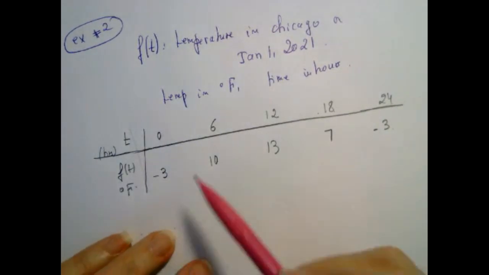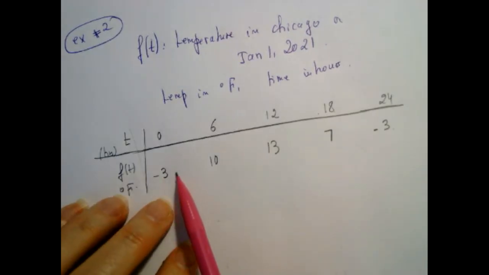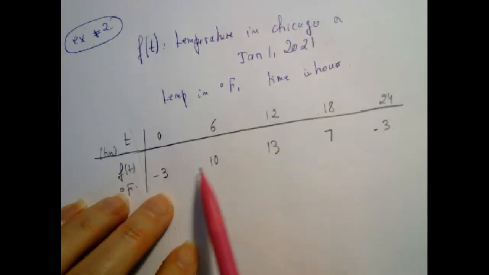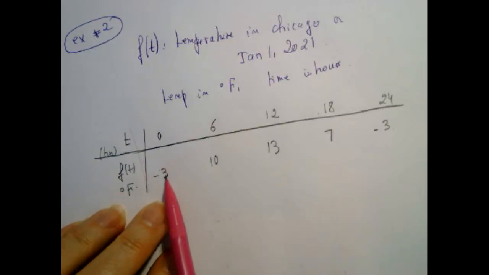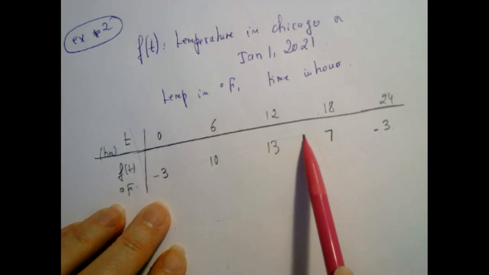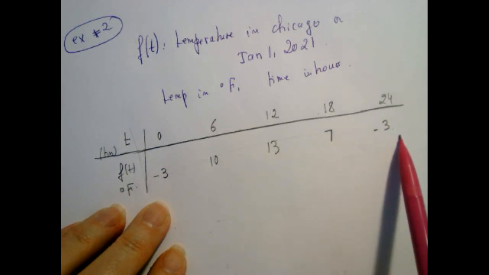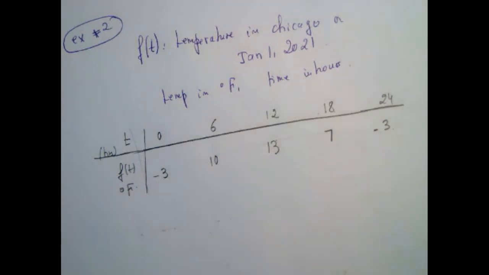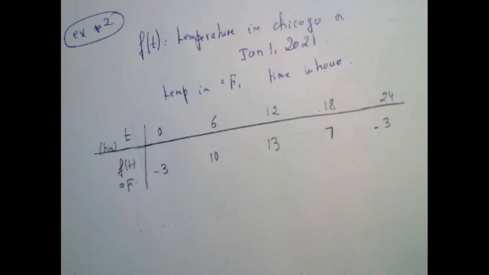So what's the temperature doing? It's increasing up to 12 noon, and then after 12 noon the values of the temperature start to go down. So really the temperature is decreasing. That's the picture here. And my question is simple.